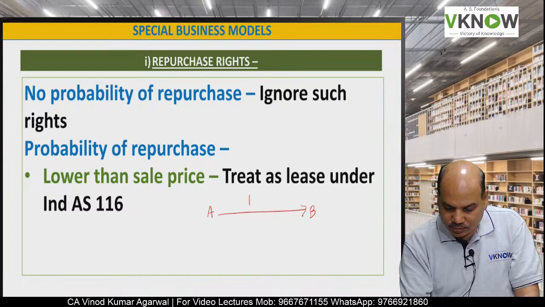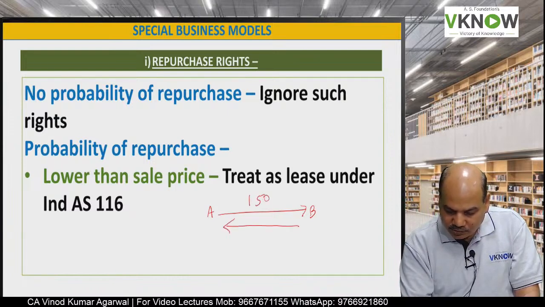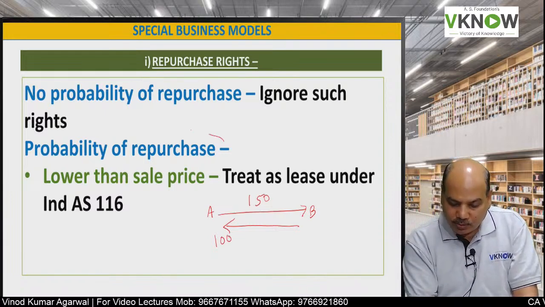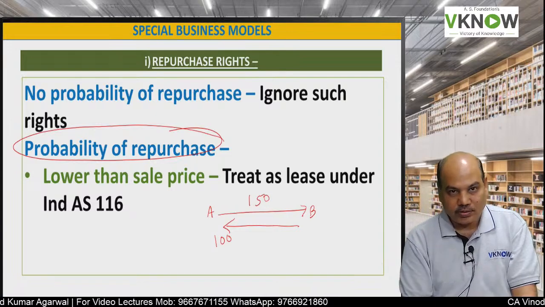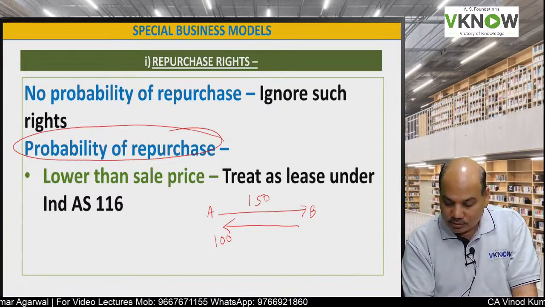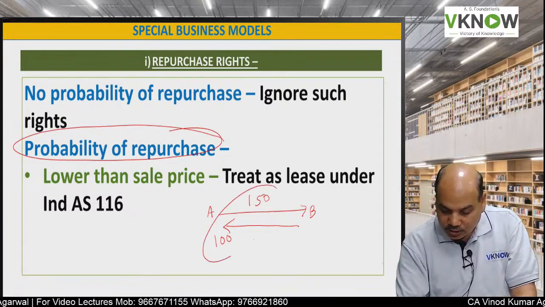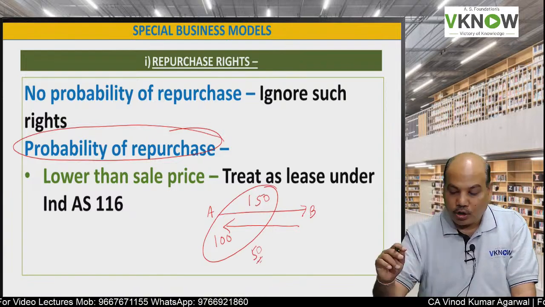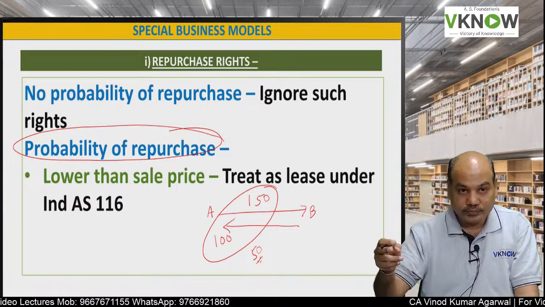If there is a probability of repurchase, say A sold to B for 150 and A will repurchase from B for 100 rupees, then what the standard says is that the difference of 50 is a form of lease rental.